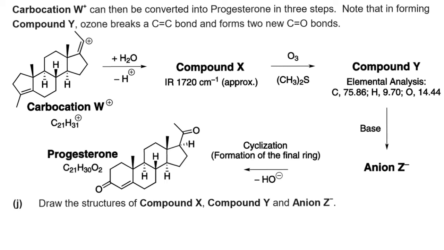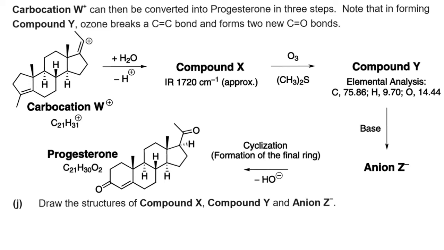There does appear to be a carbon-carbon double bond again, and there is now a ketone group as well though. Okay, so looking at what we're told about compound X, it says IR 1720 wave numbers. Hopefully you'll know now that that is a value that's representative of a carbon-oxygen double bond stretch.